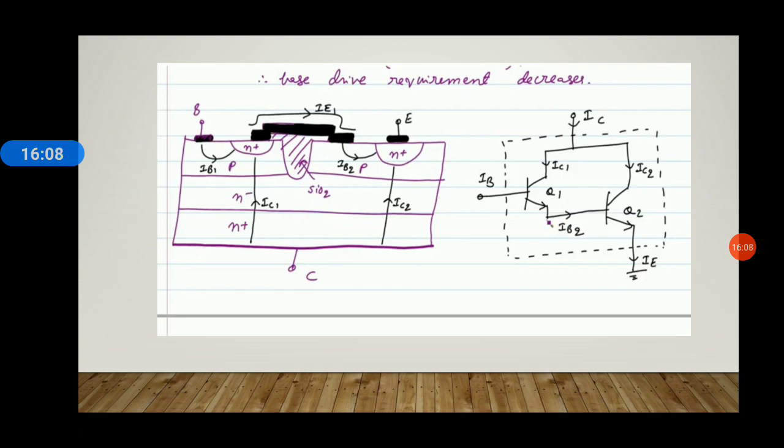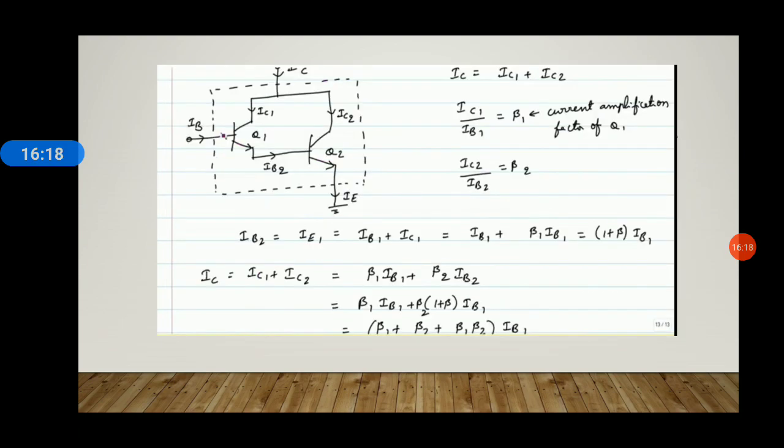Here we can see there are two BJTs in the structure as well. In the left hand side, we see the two BJTs are combined together. Now here the total IC will be IC1 plus IC2. Now IC1 by IB1 is beta 1, that is the current amplification factor of transistor Q1, and IC2 by IB2 is beta 2, that is the current amplification factor of transistor Q2.